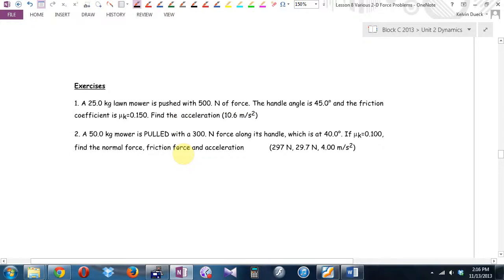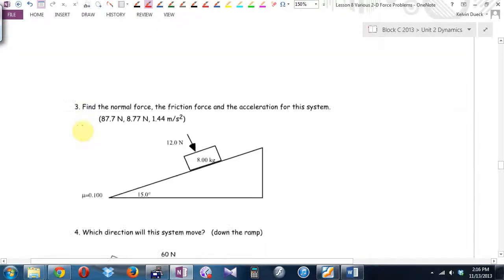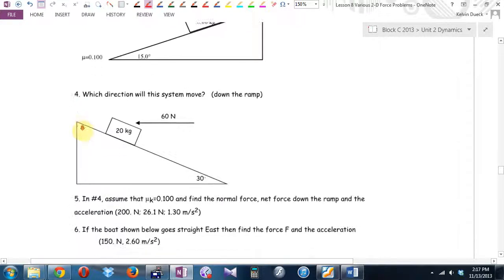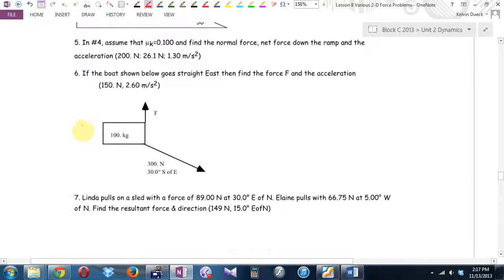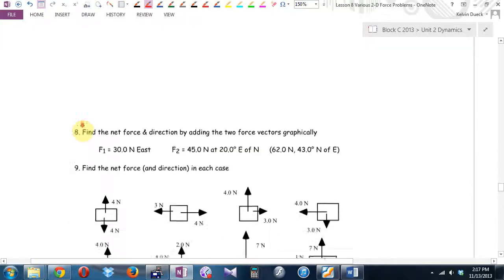What's your homework? Take-home quiz, except I do want to give you a couple of lawnmower questions because I like the lawnmower. So, number 1. Number 2. Nah, 3, that's overkill. 4, that's overkill.